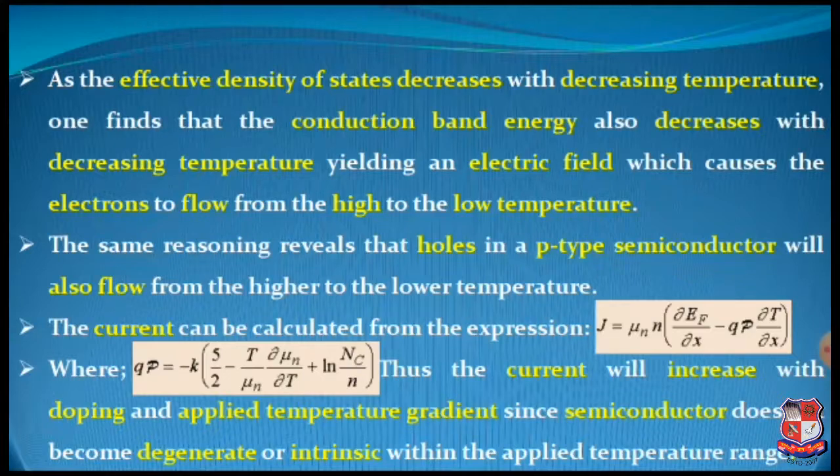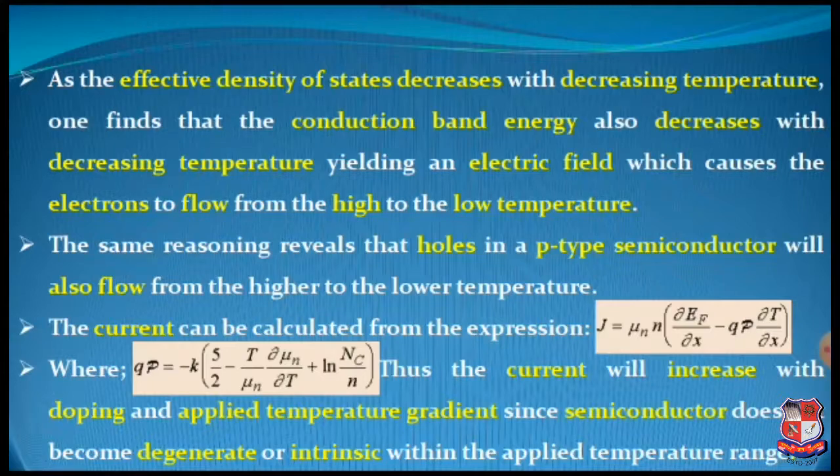T is the absolute temperature in Kelvin, and x is again the position, where the qρ function, meaning charge resistivity function, is given in expression number 2, that is qρ = −k (5/2 − (T/μn)(∂μn/∂T) + ln(Nc/n)), where k is the Boltzmann constant, Nc is the number of charge carriers in the conduction band, divided by small n.